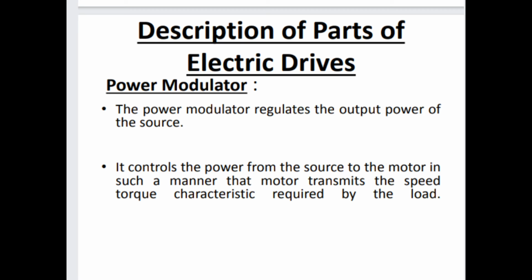First is the power modulator. What is the power modulator? The power modulator regulates the output power of the source. It controls the power from the source to the motor in such a manner that the motor transmits the speed torque characteristics required by the load.